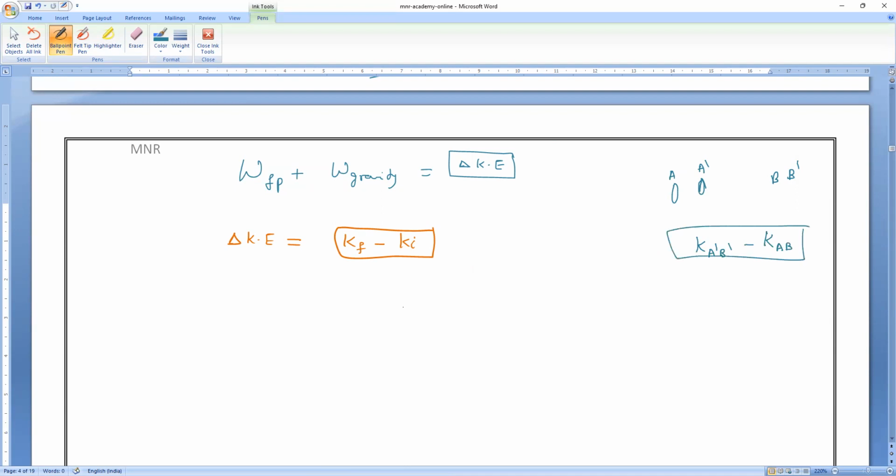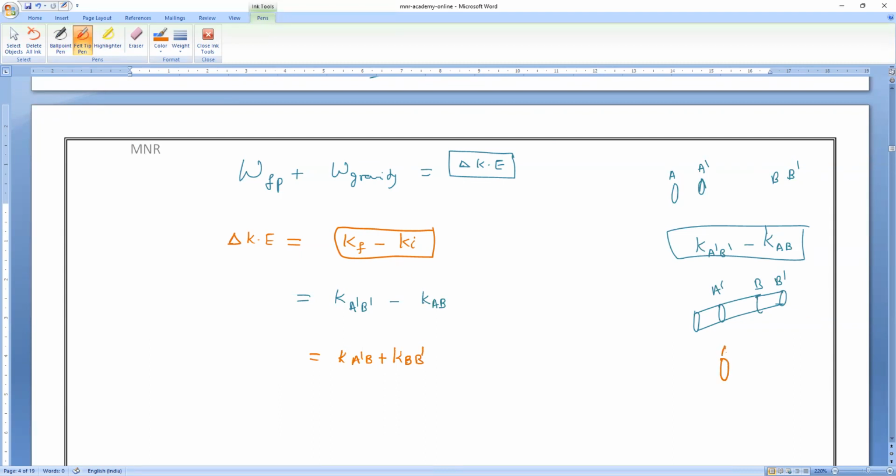Do you understand, everyone? So the final kinetic energy is K A dash B dash minus the initial kinetic energy K A B. Now tell me, from A dash to B dash, the same way as we did for potential energy: K A dash B plus the kinetic energy from B to B dash.